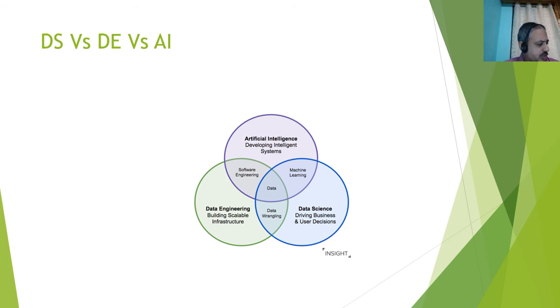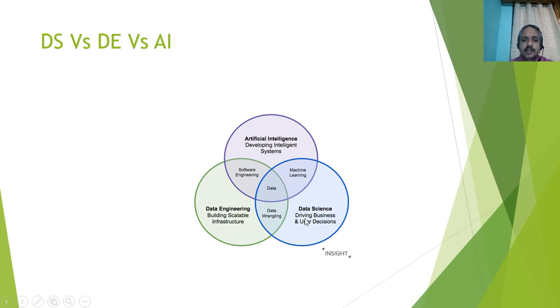I often get students asking about the difference between these three: data science, data engineering, and artificial intelligence. So here is a small slide for you. Data science is more oriented towards driving a business. See the right side circle, the bottom circle.